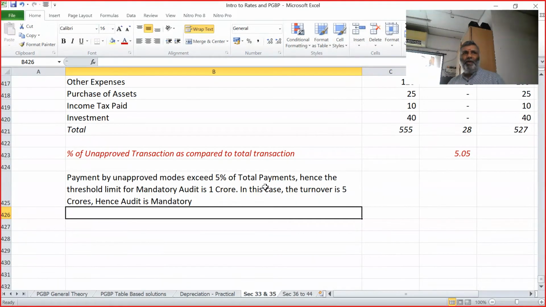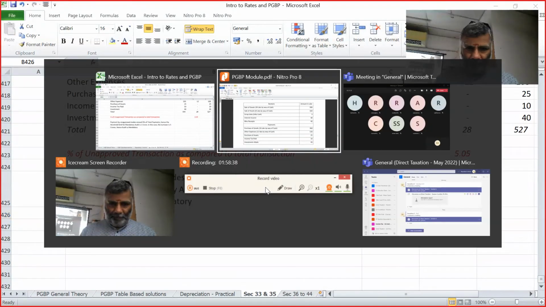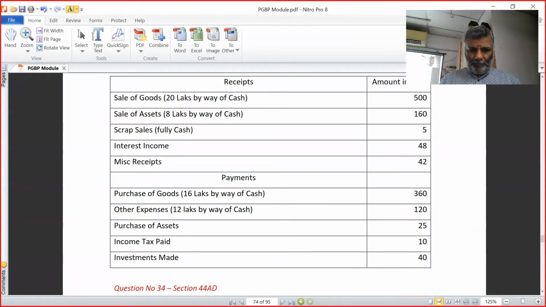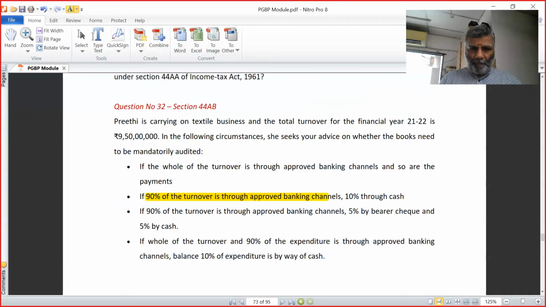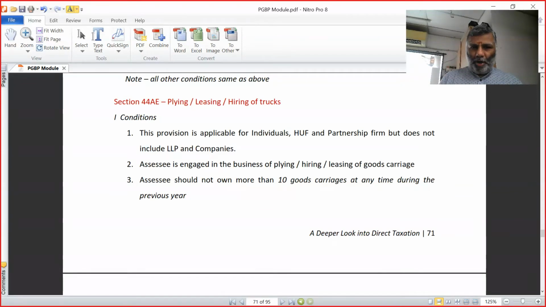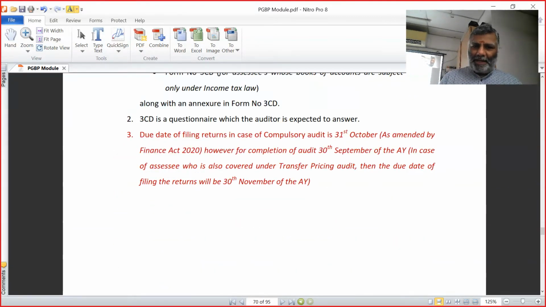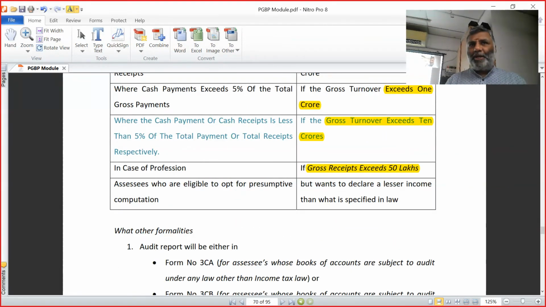Right? Okay. So, what is the amendment? This amendment came last year. Last year, this was 5 crores. Now it is 10 crores. That is the amendment, not the other part. This part is not the amendment. This part is the amendment, whatever I have written.